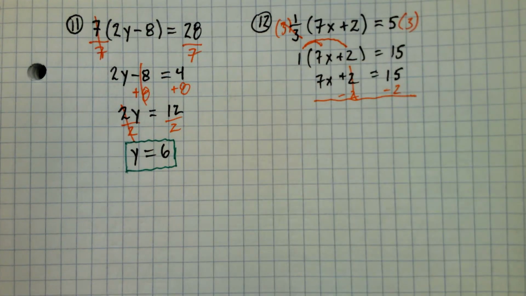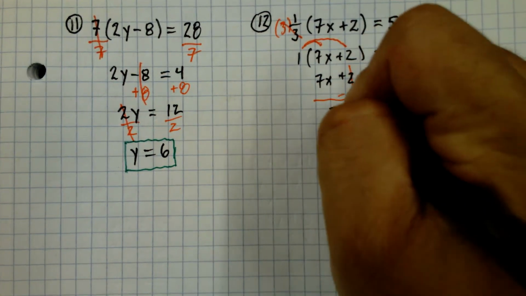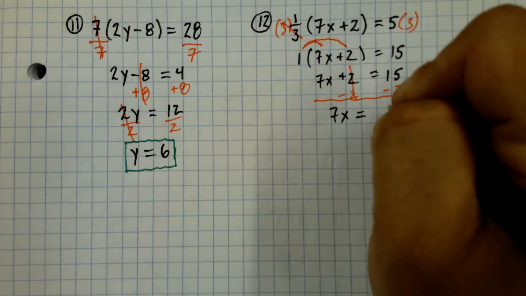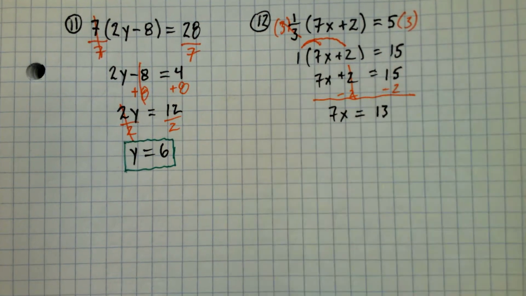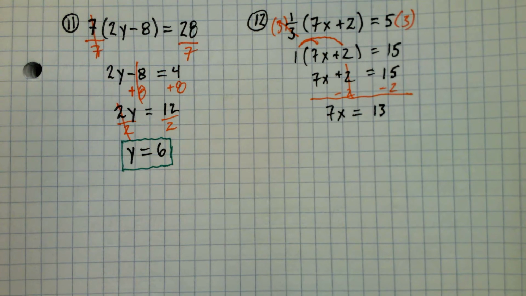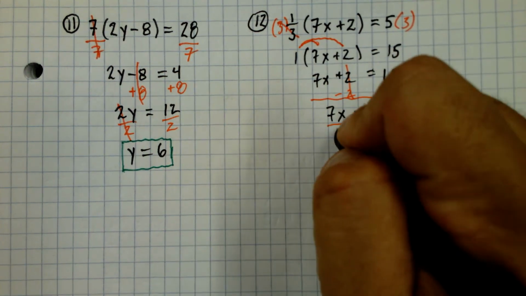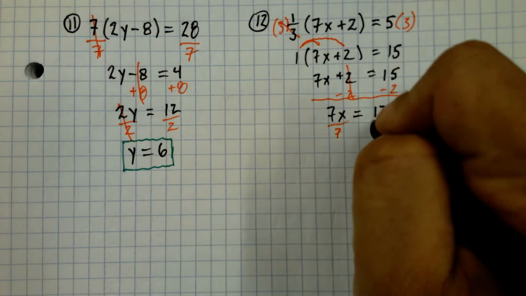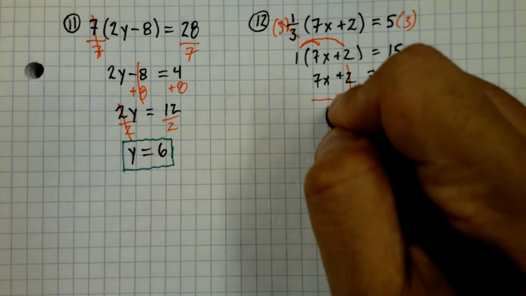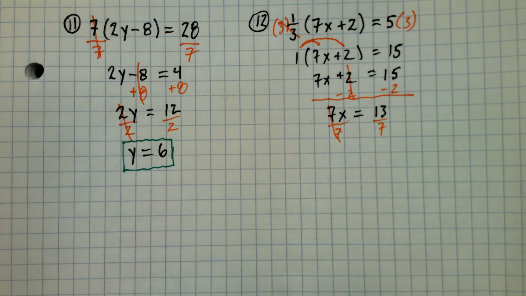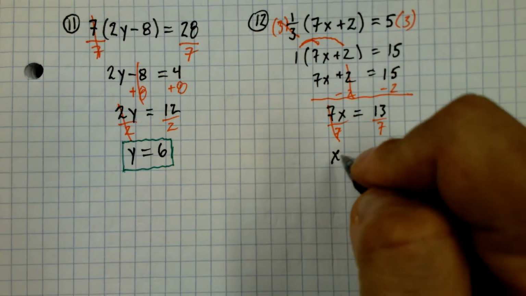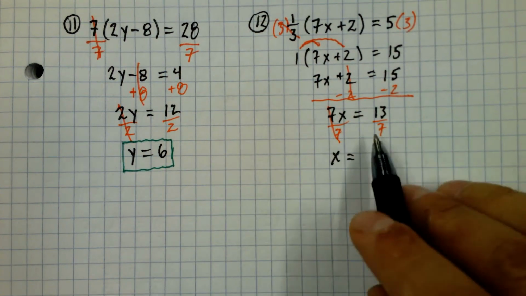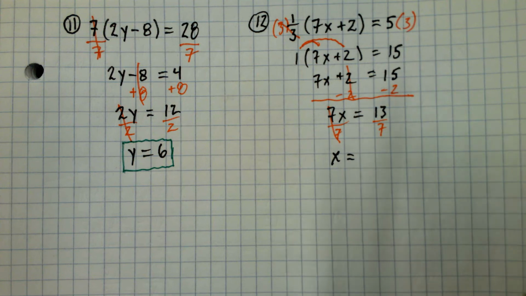So I'm going to subtract 2 on both sides. 15 take away 2 is 13. And now I'm going to get rid of this 7 times x by dividing it away. And I get 13/7. And I know that 7 doesn't go into 13. It goes into 14, but not 13.